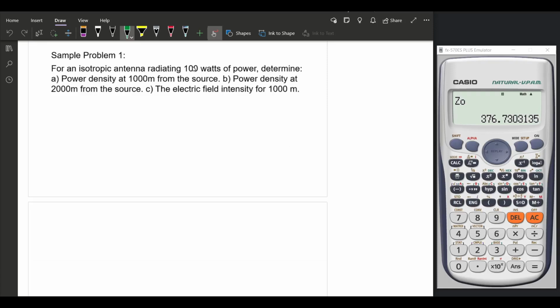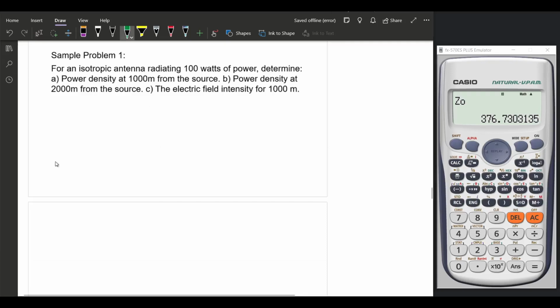Given the power and the distance, we can use the formula. What is the formula? The power over 4 pi r squared.